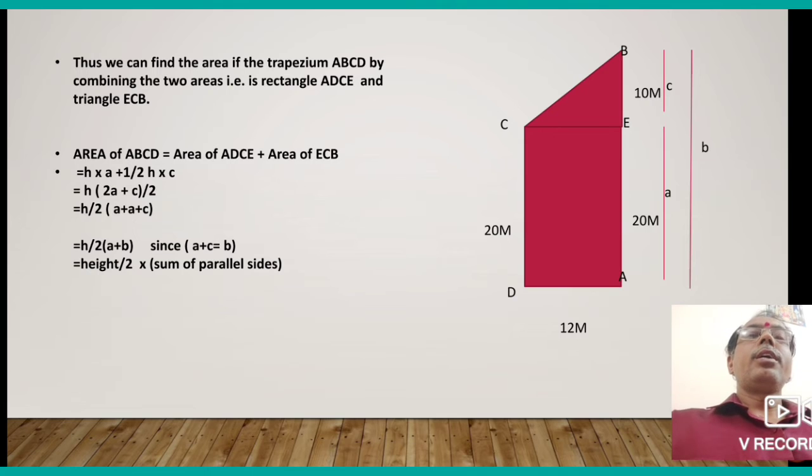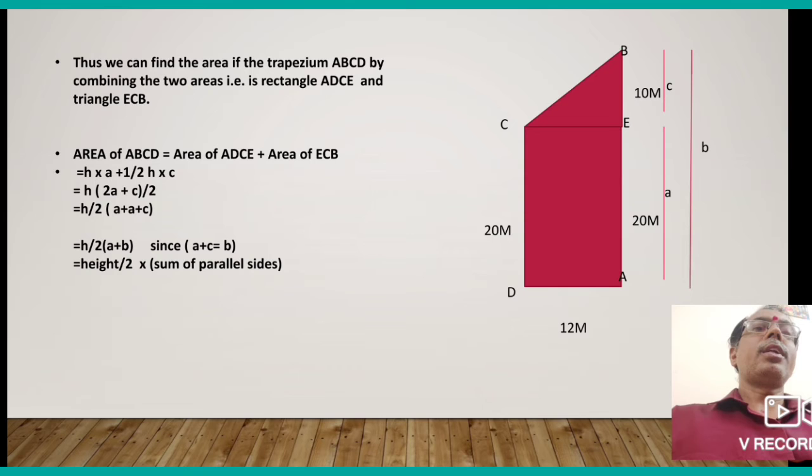The area of the rectangle is length into breadth, that is A into H, plus the area of ECB is half into base into height, where base is taken as H and height is taken as C, as shown in the figure. Just draw the figures and follow each and everything, and we get H times half to A plus C by 2, where 2 is the LCM, so we can write it as H by 2 into A plus C.